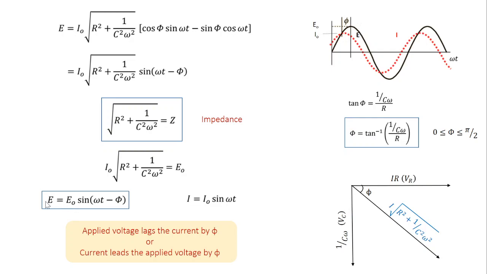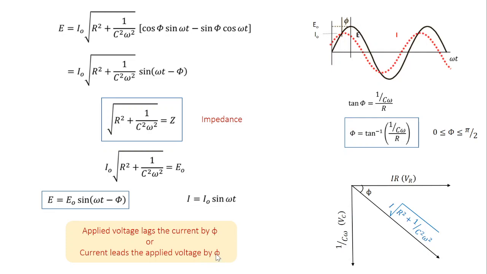So the expression for the applied voltage is E equal to E naught sine omega t minus phi. If you compare this with the current expression, you can easily make out applied voltage lags the current by a phase angle phi, or current leads the applied voltage by a phase angle phi.